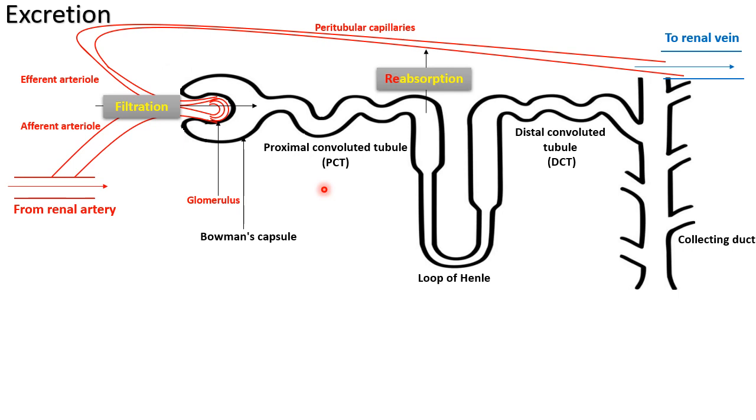And we have a third process that is called active tubular secretion. Active tubular secretion, in which our molecules or drugs are secreted from peritubular capillaries into the tubules of the kidney.